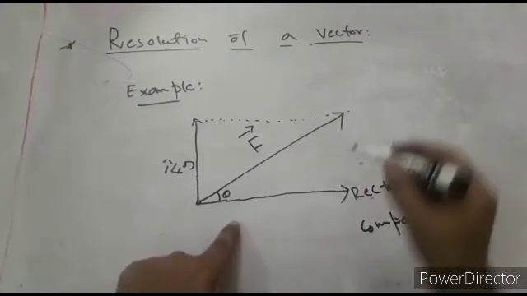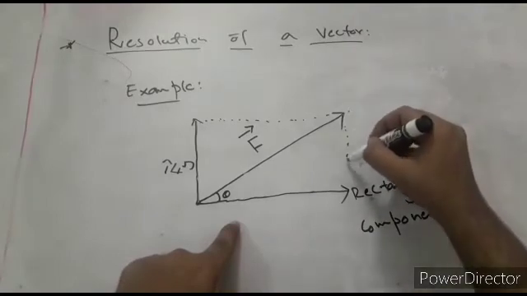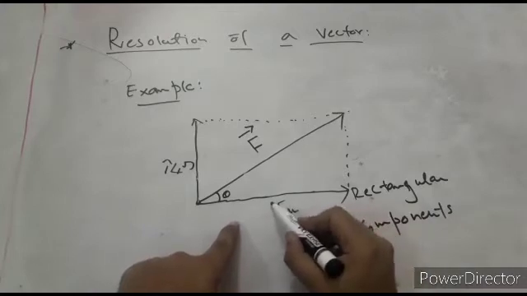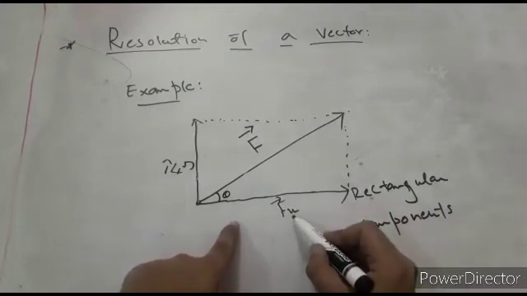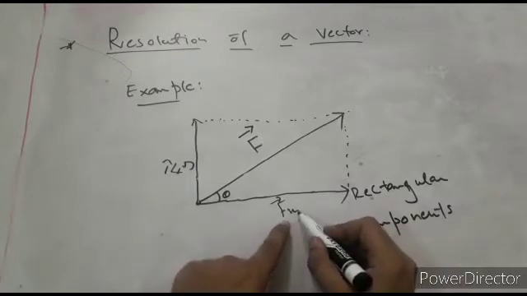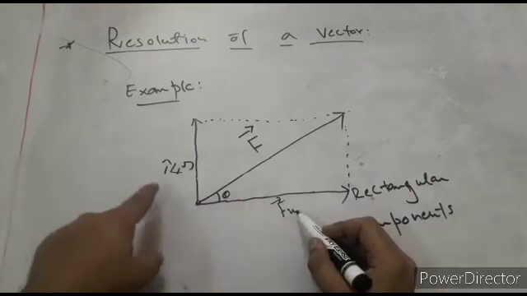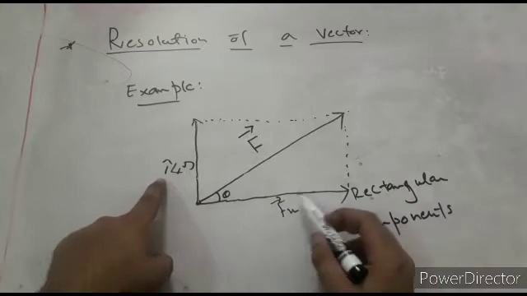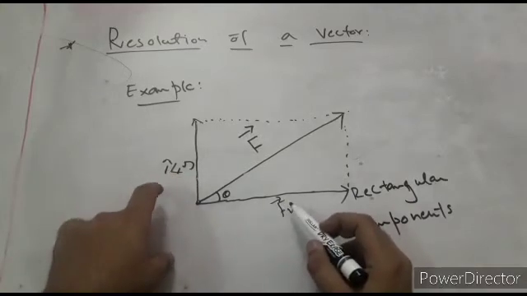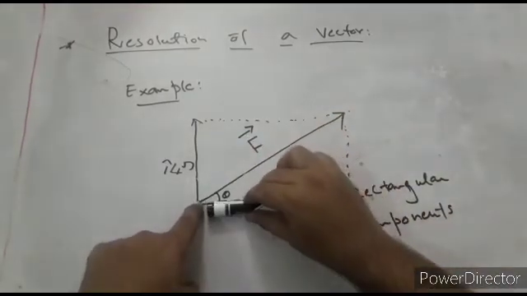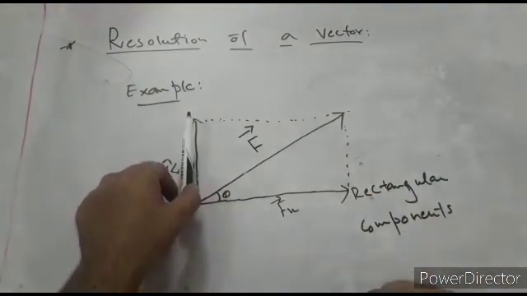And this will be the second component of this vector, and this is the horizontal component. We call it Fx. The way we named the previous vectors F1 and F2, we name it Fx, the horizontal component, and this is Fy, the vertical component. What is the formula for the magnitude of these components? We will see in the next section. So this is the way we resolve this vector into its horizontal component and vertical component.